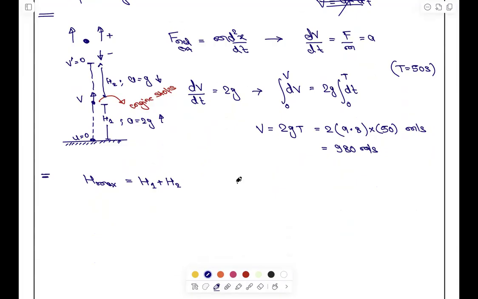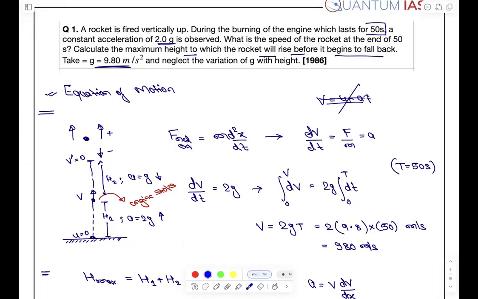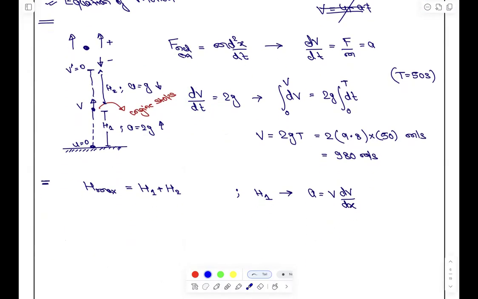Now for h1, we can use the above thing, and we can simply write that the acceleration can also be written as v into dv by dx. This we can rearrange: dv by dt, we can multiply with dx by dx. So dv by dx, dx by dt will become v dv by dx.